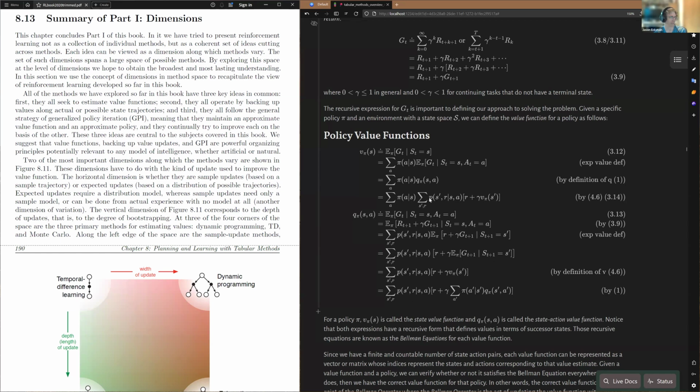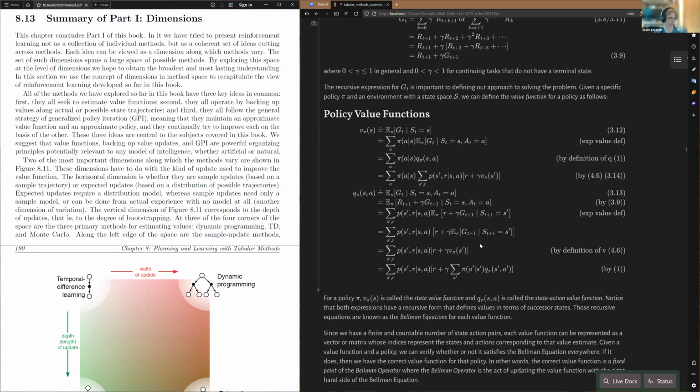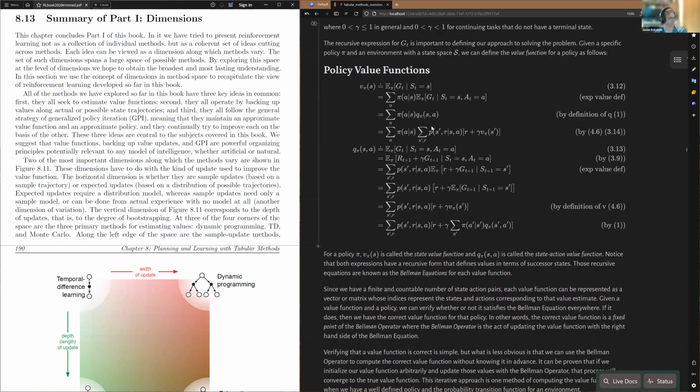These equations are recursive relationships for the state value function and the state action value function. These recursive style relationships are called the Bellman equations for the value functions.